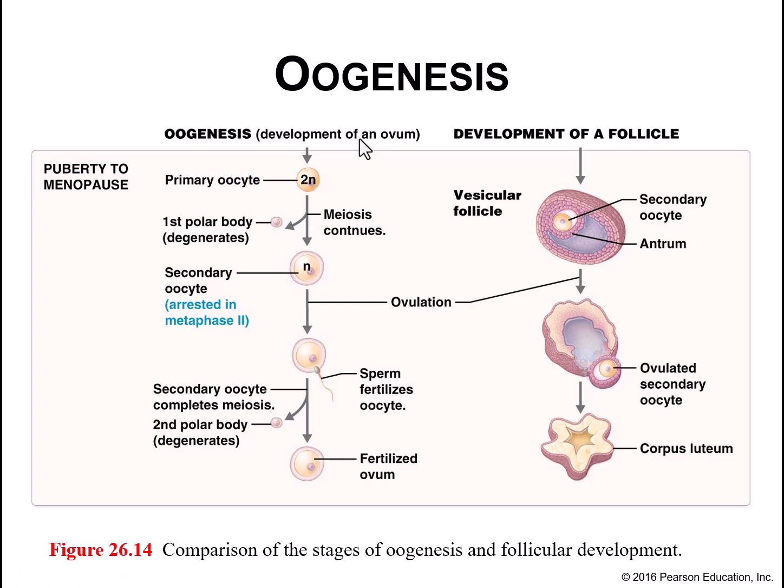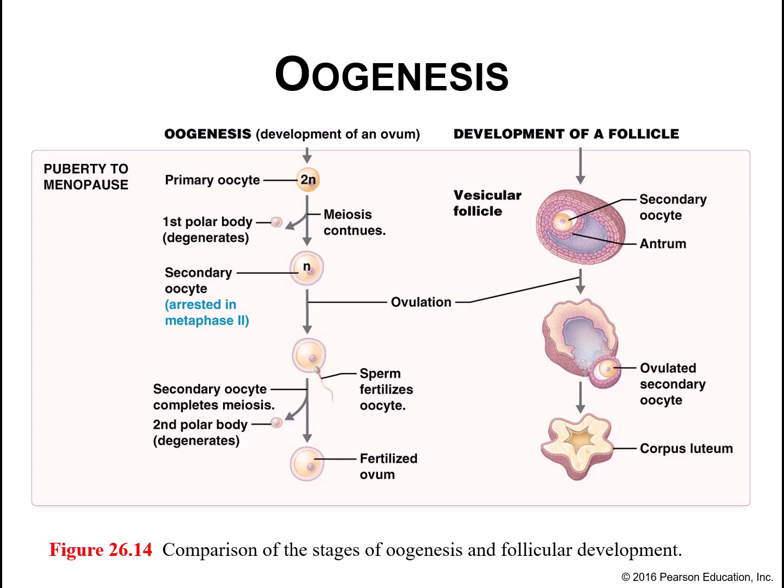And so when we hit puberty each month, some of those primary oocytes that are arrested in prophase 1 will continue through meiosis. At the end of meiosis 1, they release a polar body and a secondary oocyte.